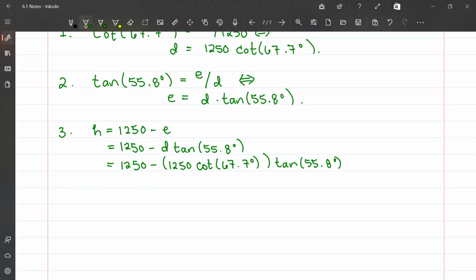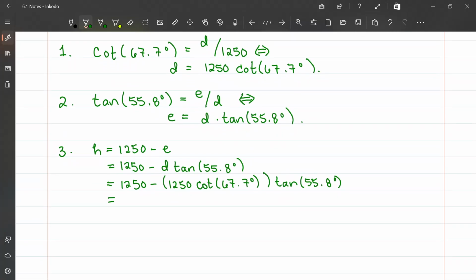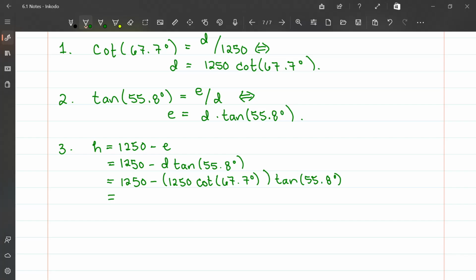Finally, and this is the last thing I'll do before I actually calculate, let me see, does it give us instructions for what it wants? It just says find the height. So once again, let's make this easy. Let's go to the nearest full foot. To make this easy on you, when I put this into the calculator, this is what I'm actually going to write.